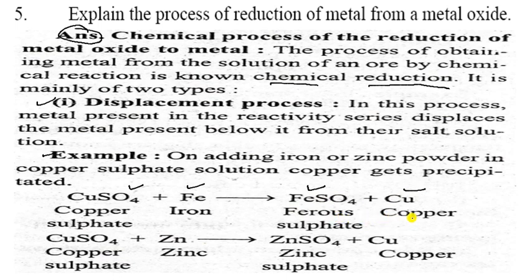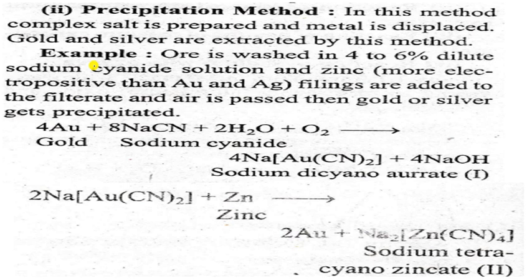In this process, a metal present higher in the reactivity series displaces the metal present below it from its salt solution. For example, adding iron or zinc powder to the copper sulfate solution, copper gets precipitated.